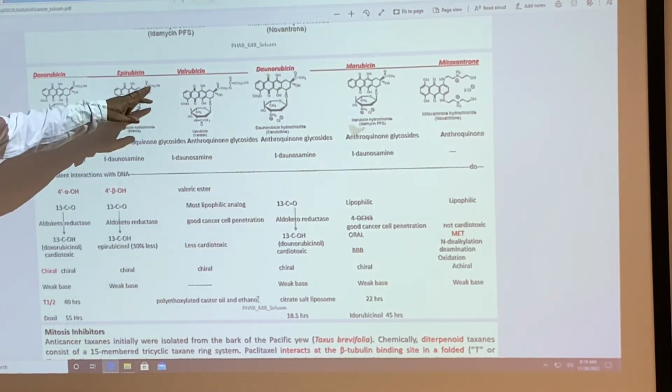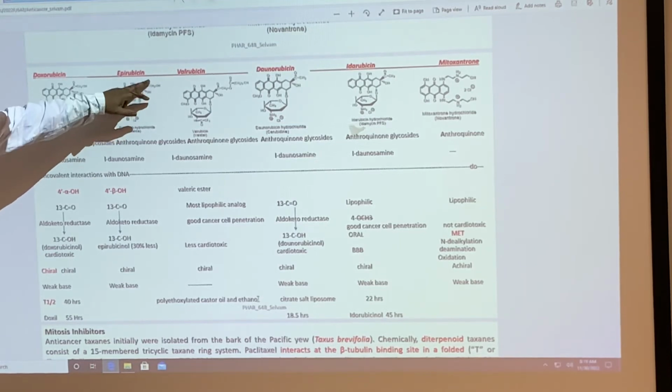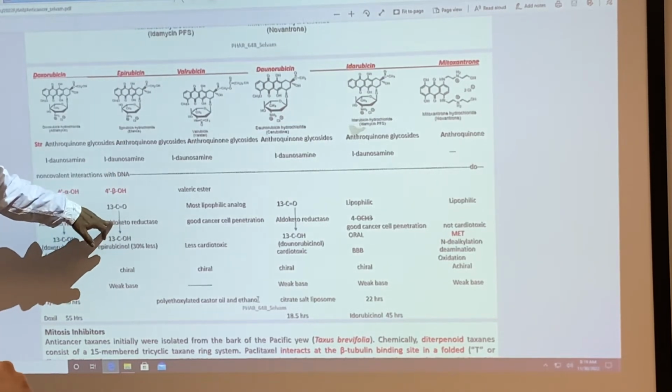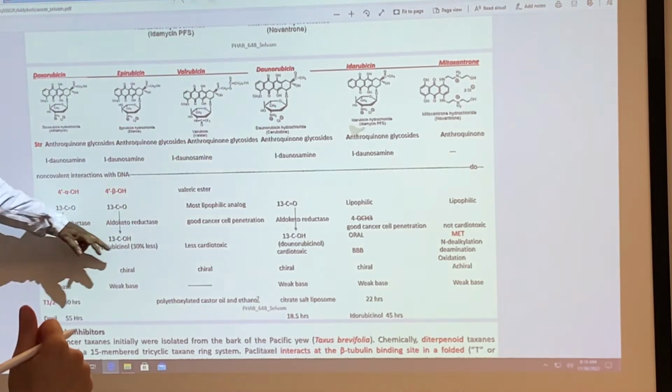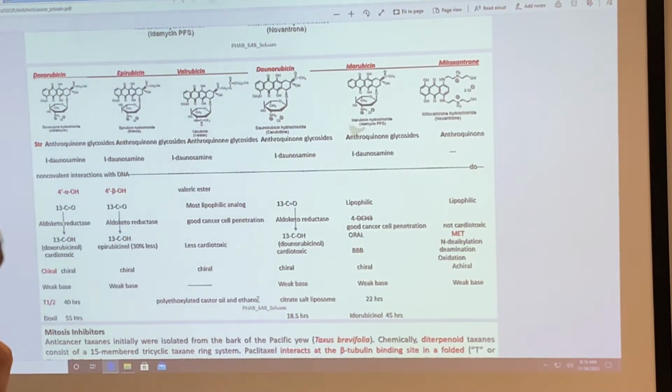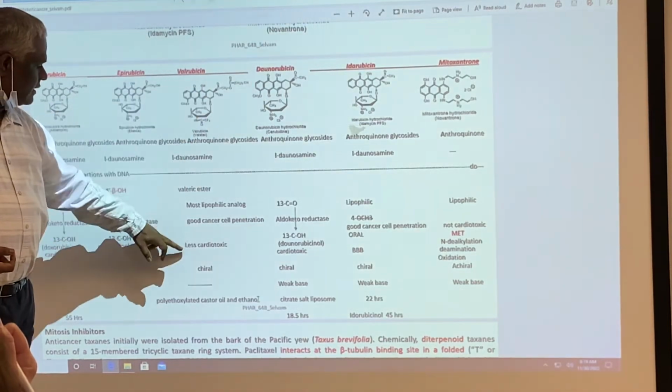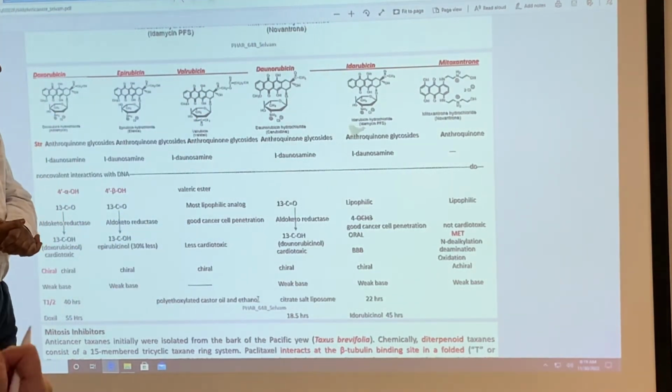For epirubicin, again we get the reduction metabolite with aldo keto reductase, the conversion of ketone to alcohol. Compared to doxorubicin, this is 30% less cardiotoxic, and valrubicin is less cardiotoxic.